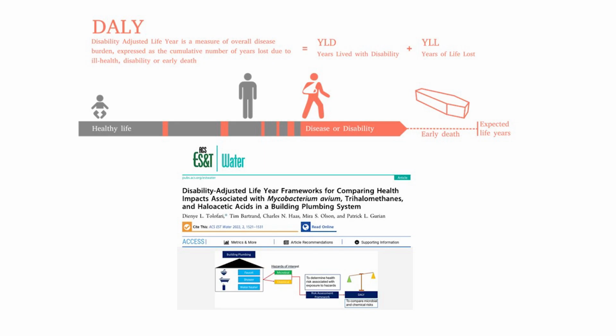And I should mention there's only one study that has done that translation, looking at microbial risk and risk for disinfection byproducts. This was actually out of my graduate advisor's lab, so not surprising. We still do very similar work. But in this case, they looked at the comparison on a yearly basis.